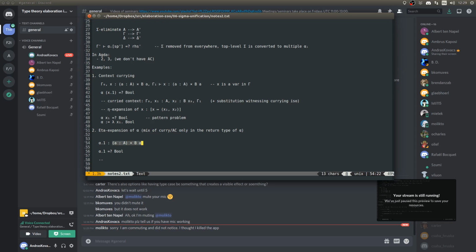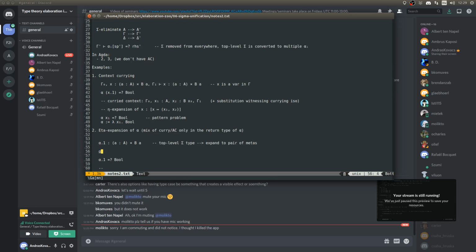Here we have a top level sigma type in the type of alpha, and then we can eta expand it to a pair of metas.